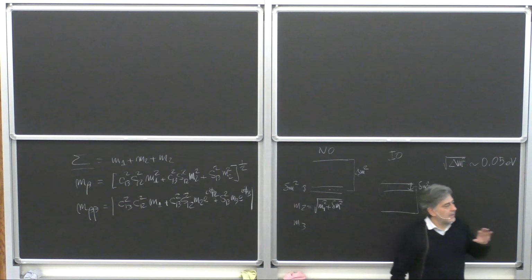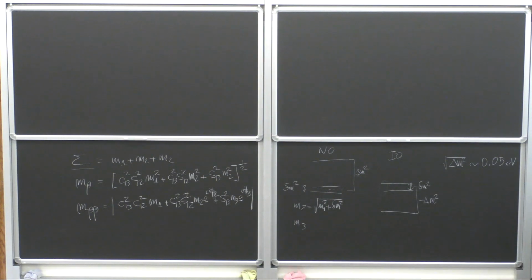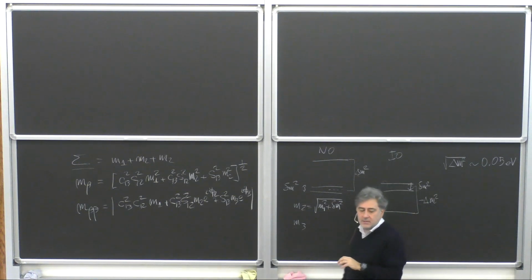So Solar and KamLAND always go together, because they probe the same subspace of parameters.